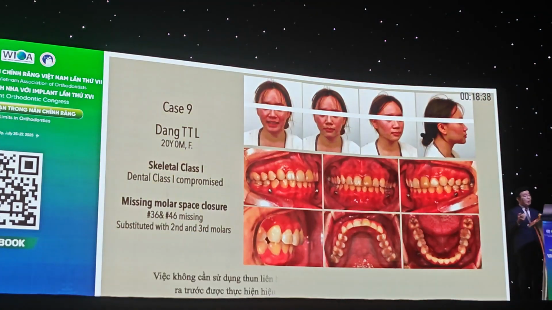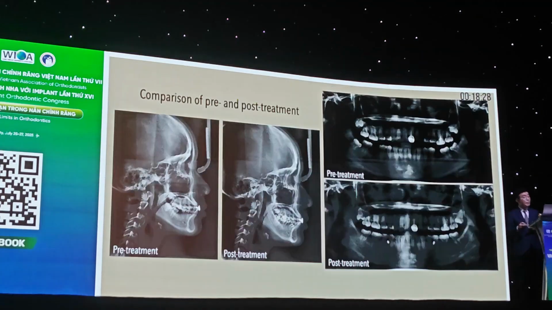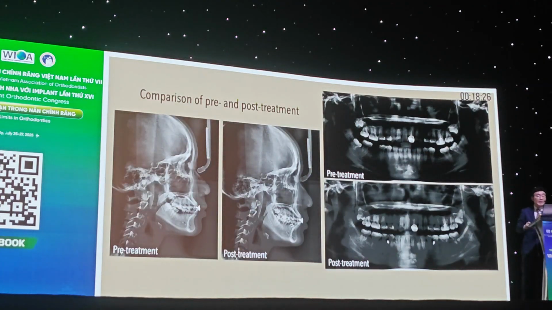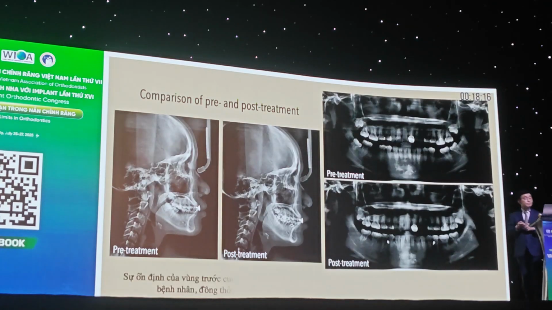The absence of the need for intermaxillary elastic assistance allowed for effective forward movement of the mandibular molars without reliance on the maxillary appliance. The stability of the mandibular anterior segment was preserved independently of patient cooperation while achieving effective anterior movement of the posterior molars.